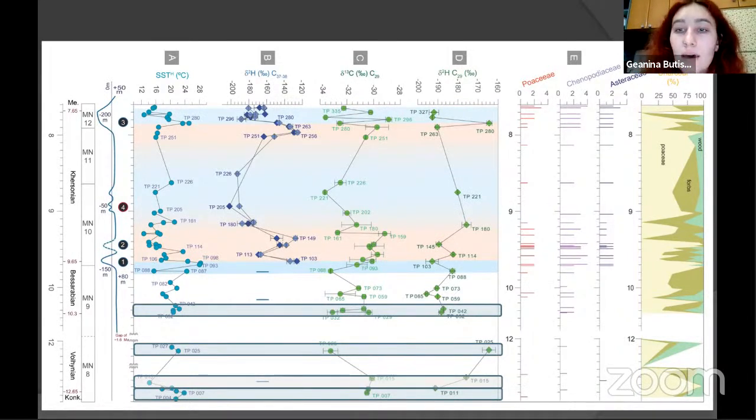We can see that in the moments where there is an increase in temperature and evaporation, there is also an increase in pollen quantities of plants that prefer dryness. Also, if we look at charcoal, we can see an increase in fire activity. The same happens in the upper part, from around 8 million years.